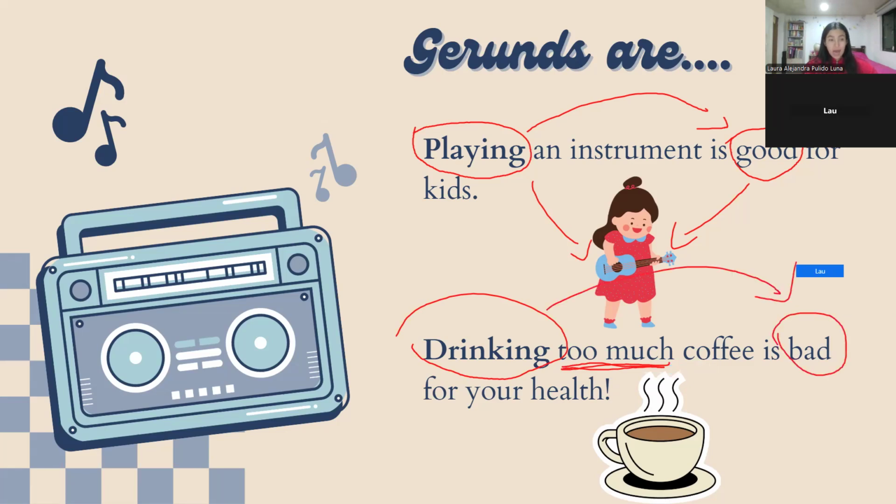So, I am not drinking coffee. She is not drinking coffee. What we are doing is we are saying that drinking is bad. So we are describing drinking, and we are describing drinking as a noun. So here they play as nouns. They do not play as verbs. Okay?